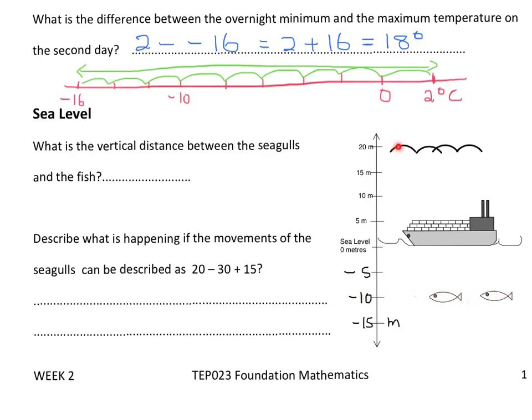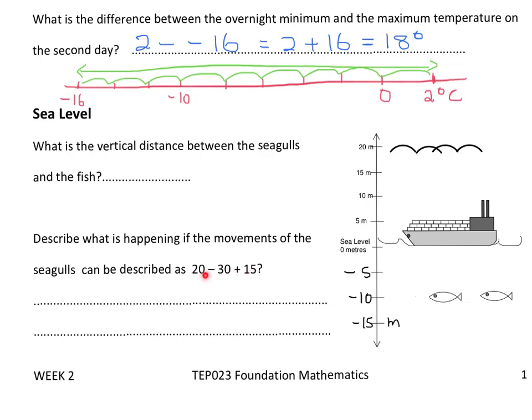The seagulls see the fish. So we're asked to describe what is happening if the movements of the seagulls can be described as 20 subtract 30 plus 15.